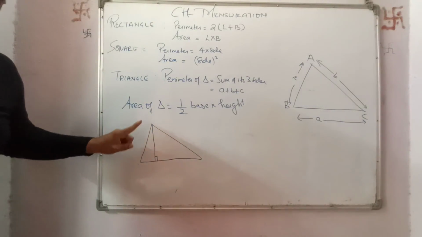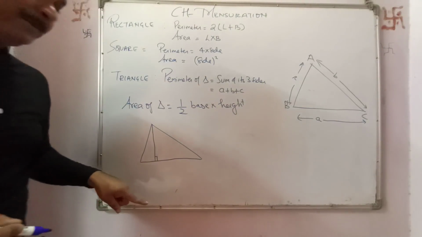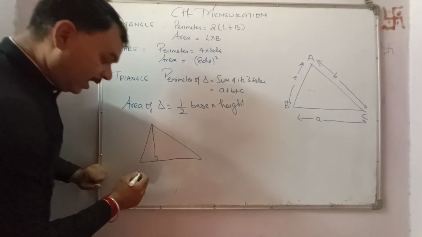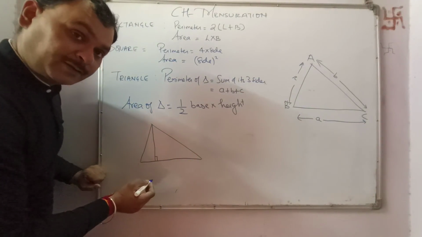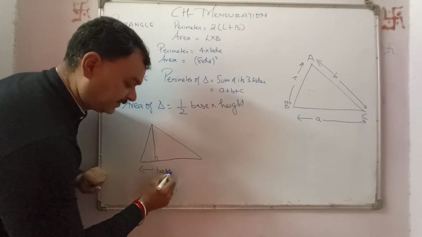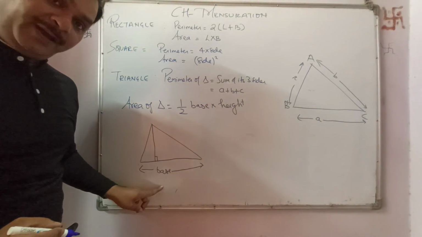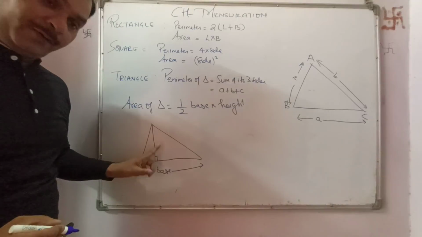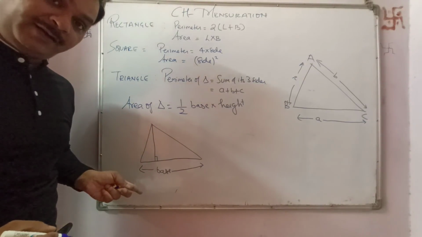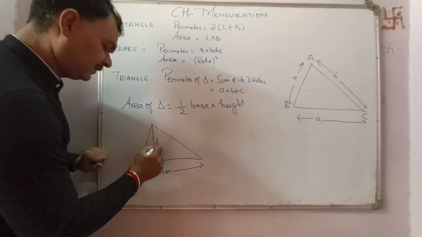The length of the perpendicular from a vertex to the opposite side is called height or altitude. The side on which the perpendicular is drawn is called base. Just remember, students, we define base on the basis of the perpendicular. And obviously this is height.